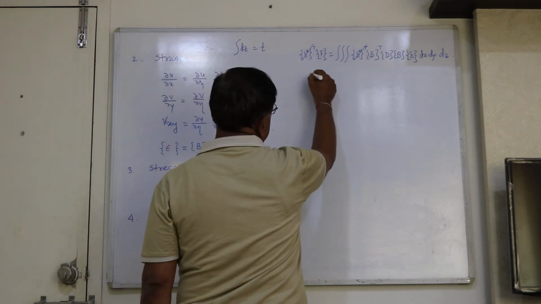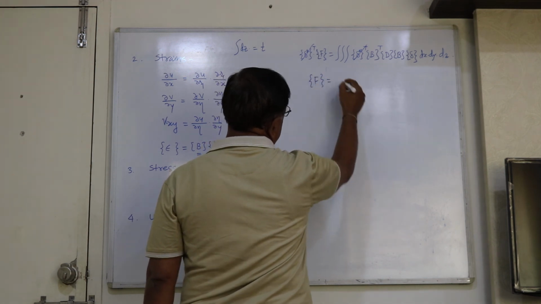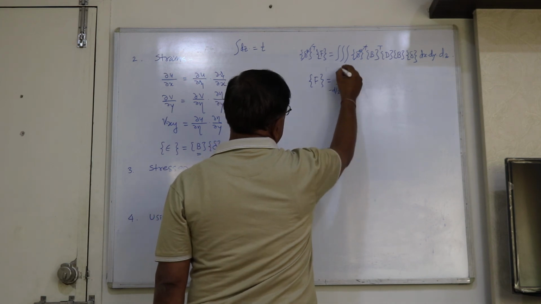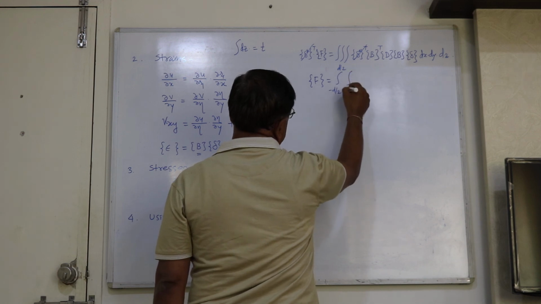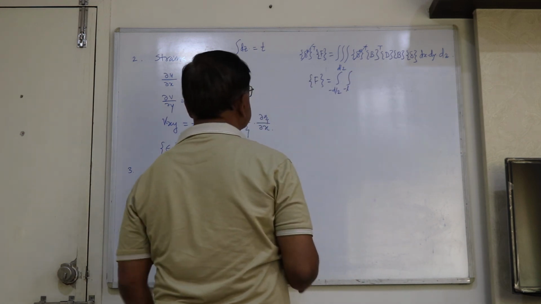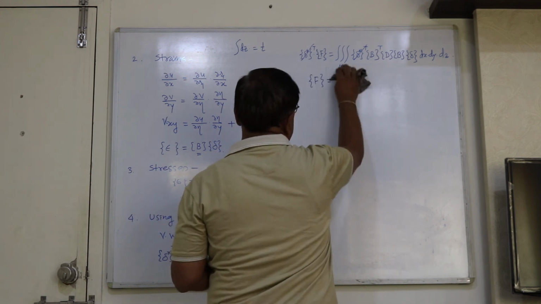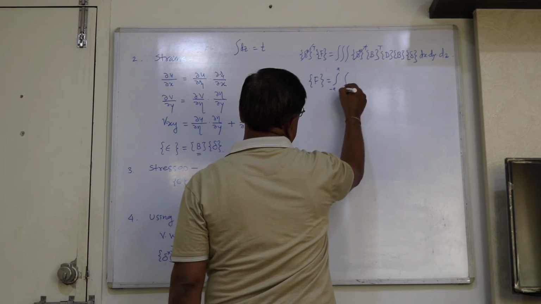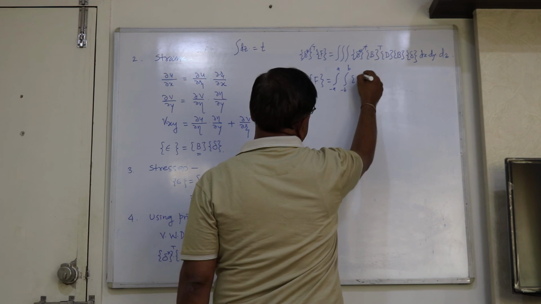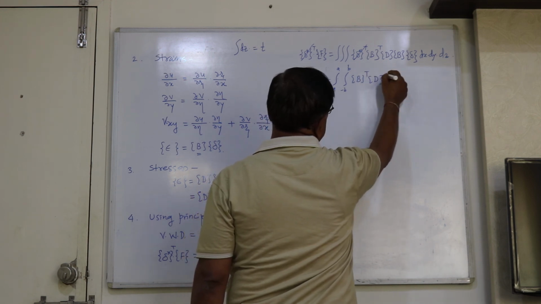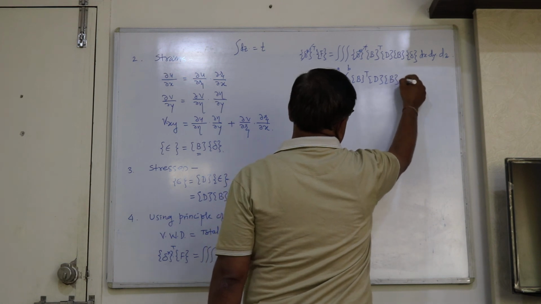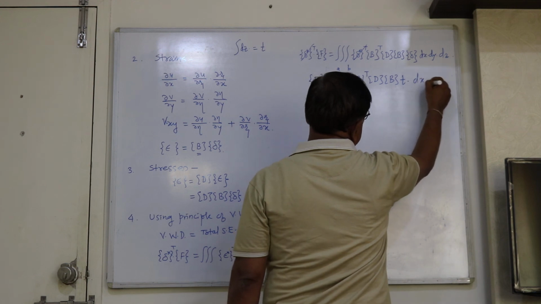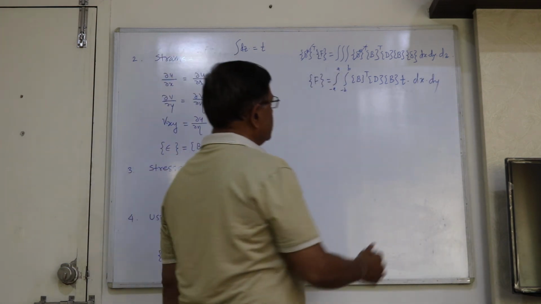So now we can write down this as F is equal to, integration from minus a to plus a, and integration from minus b to plus b, B transpose D B into thickness t into dx dy into the delta, that displacement.